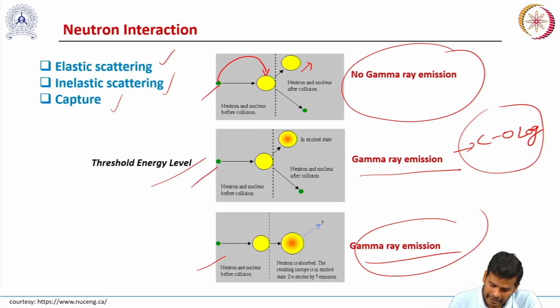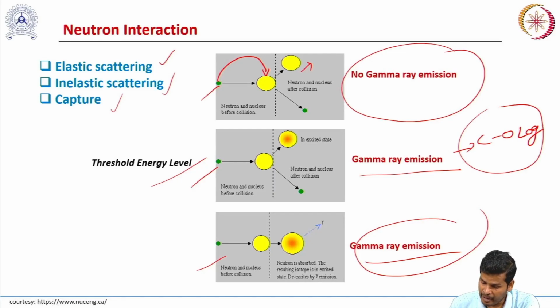The third type of interaction is the capture interaction, where the energy of the neutron is so low that when it collides with the nucleus, the nucleus will absorb it. The neutron will be absorbed by the nucleus. The nucleus will produce the next isotope of higher mass, which will again come back to the original or stable isotope by de-exciting and releasing a gamma ray.